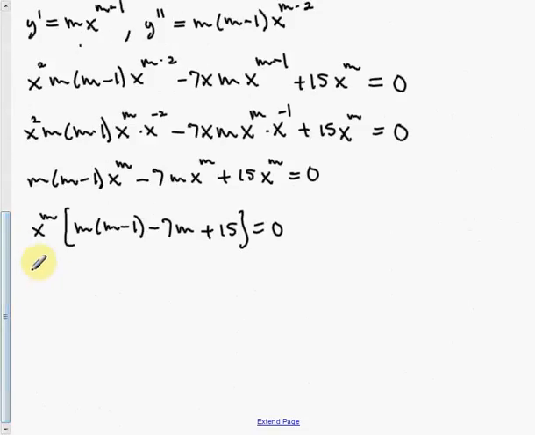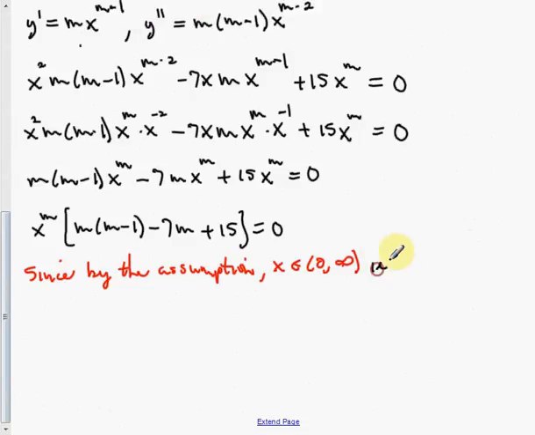So here, by the assumption, x is on the interval from 0 to positive infinity, that really means x is not equal to 0. We get a lot from that. X is positive. Also, x is not equal to 0.